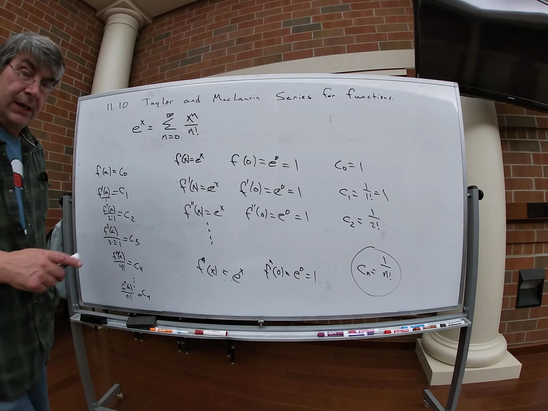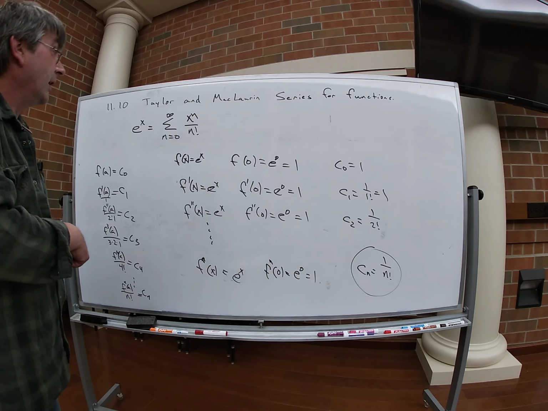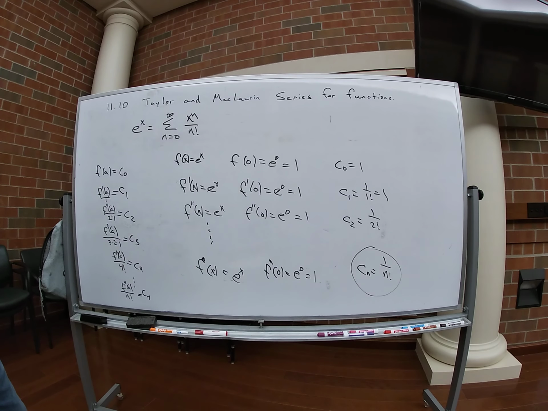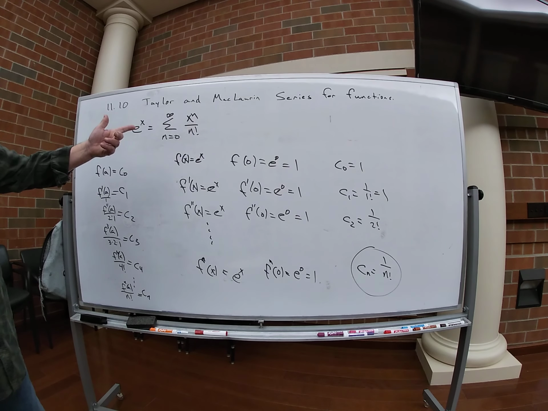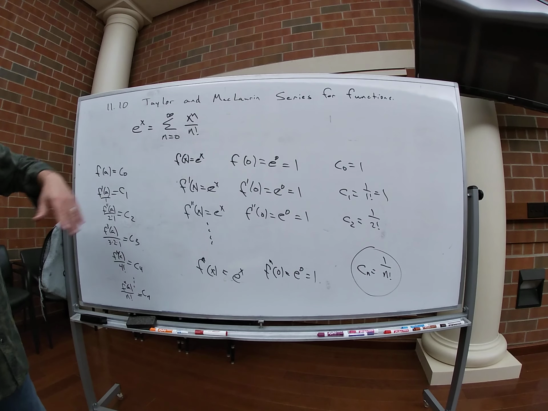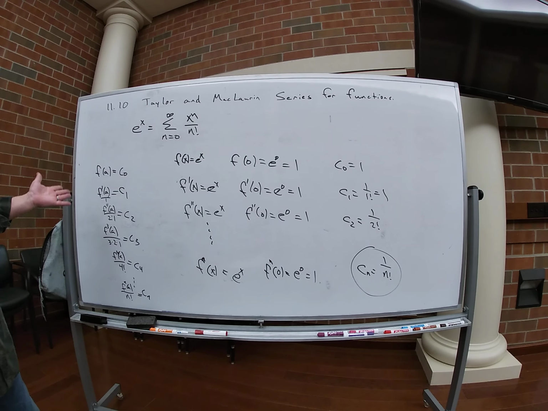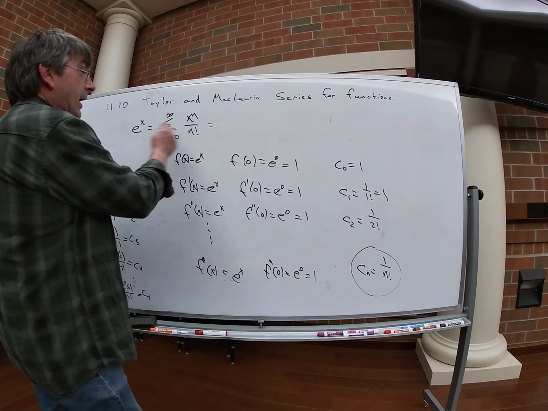This is the guy we looked at in the previous lecture when we were first looking at power series. This is the guy that had an infinite radius of convergence. The interval of convergence was all x. Okay. Write out some terms.